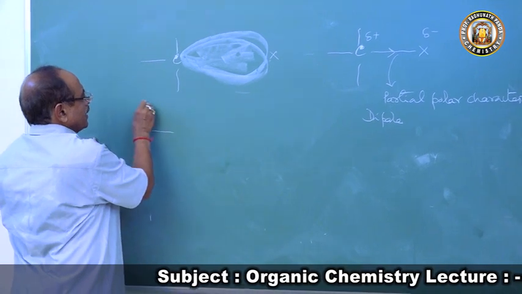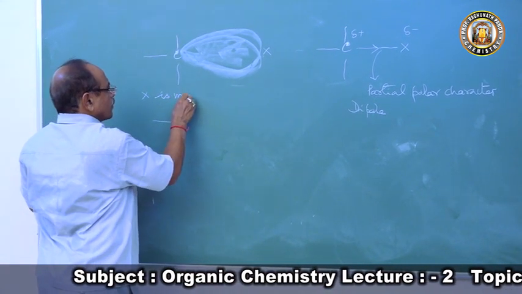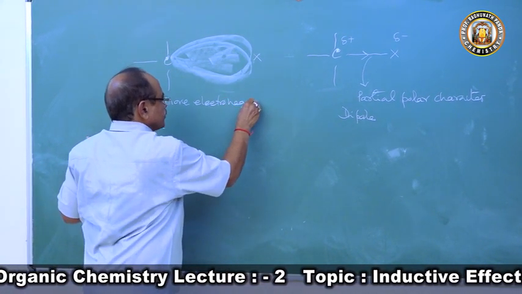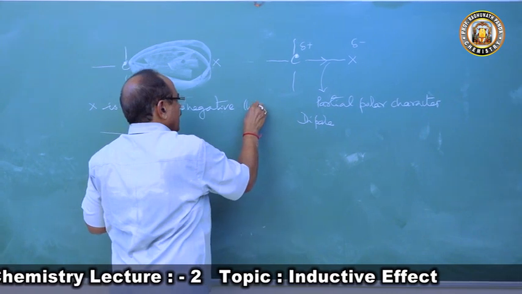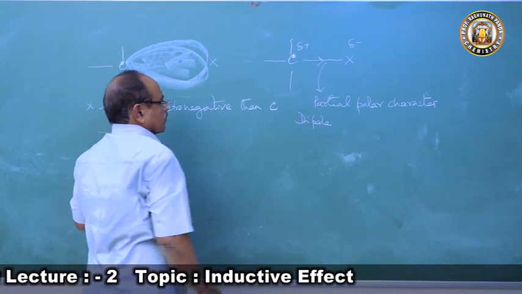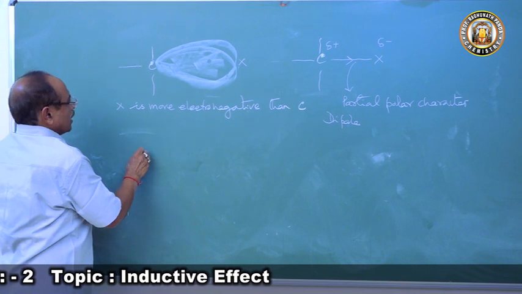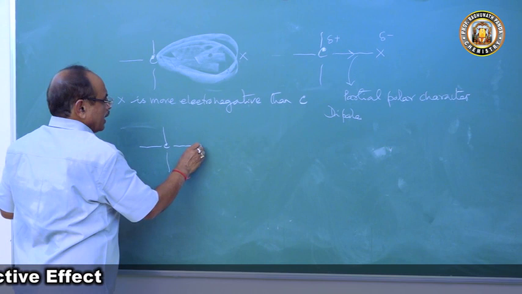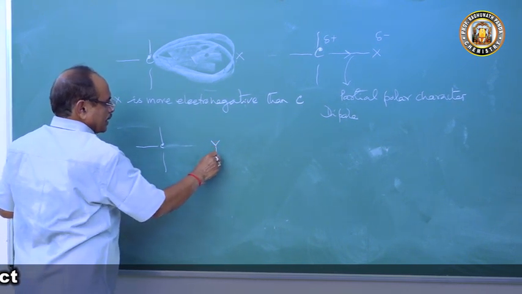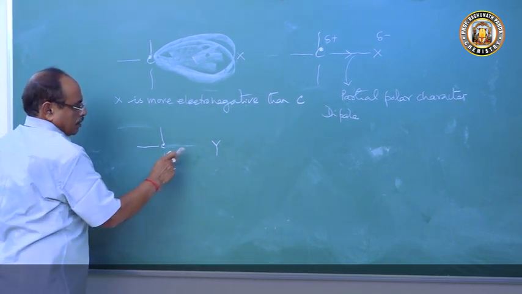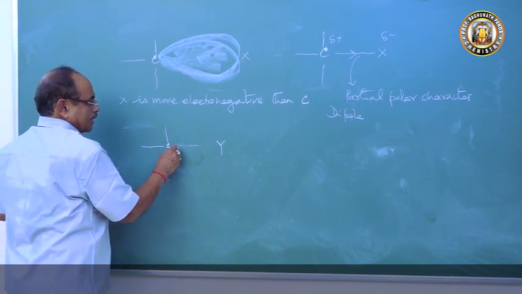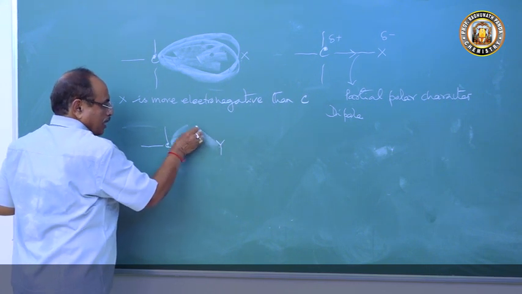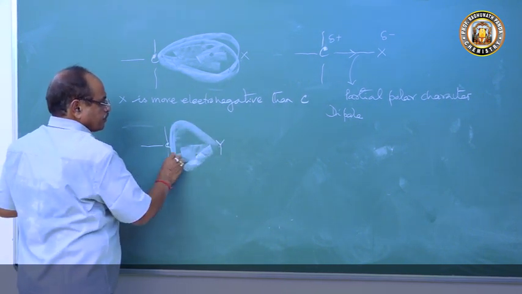Here X is more electronegative than carbon. Now when the carbon atom is bonded to Y covalently, where carbon is more electronegative than X, then this electron cloud gets polarized towards carbon.